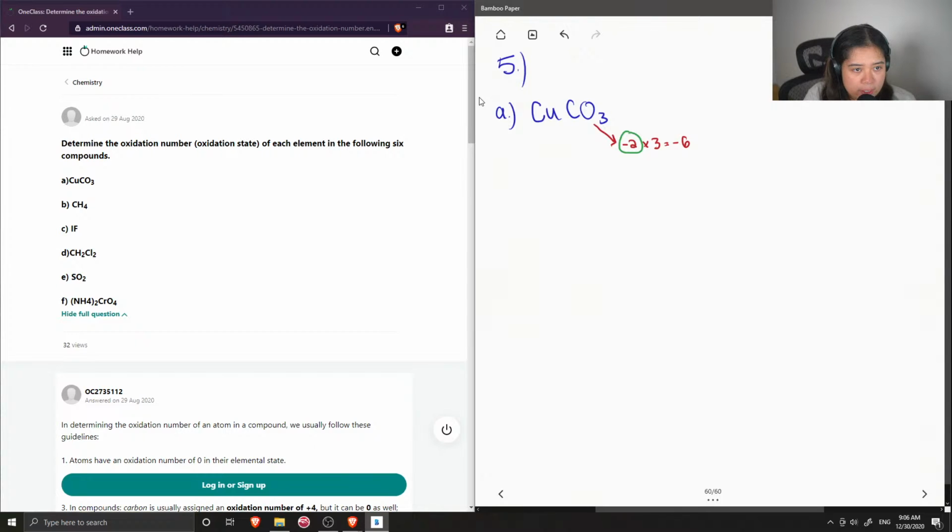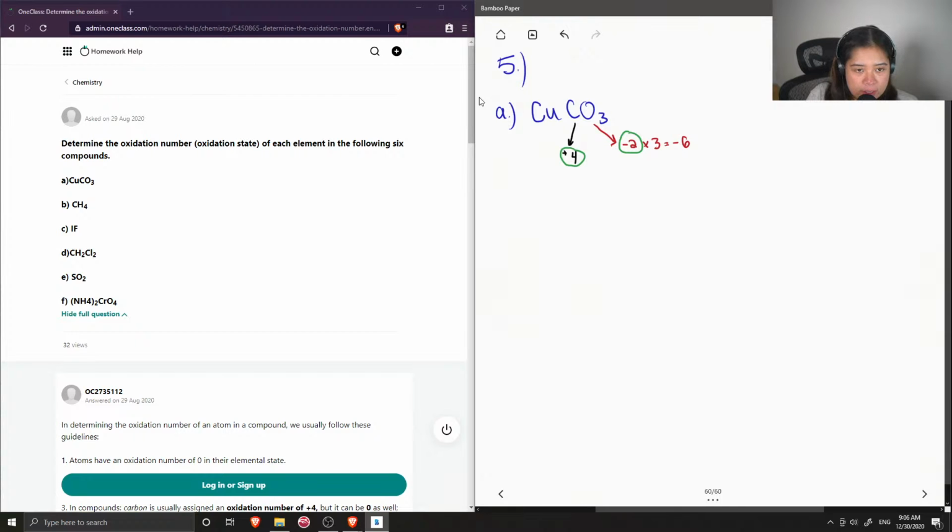So the oxygen's oxidation number is -2. And then in the case of the carbon, one of the rules said it typically has an oxidation number of +4. So I'm just going to write that in. And now notice that we know carbon's oxidation number is +4 and oxygen's was -2 times 3.